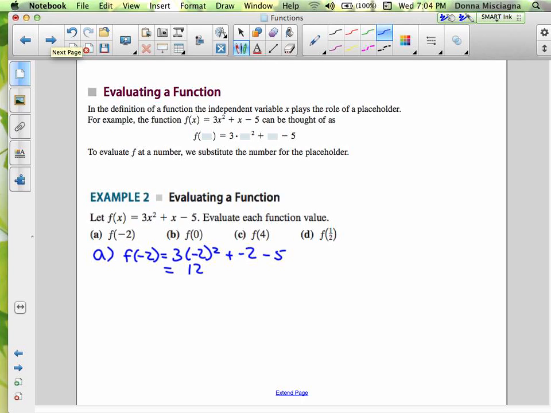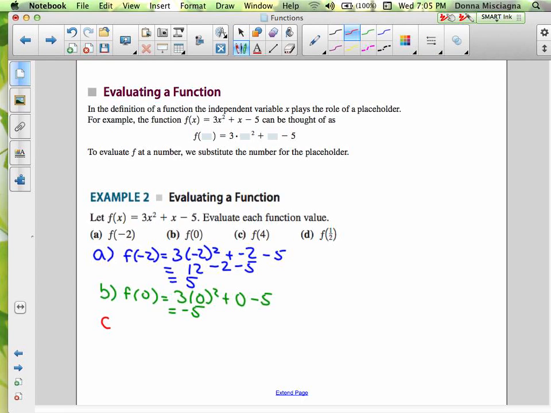And this is just 12 minus 2 minus 5. And so that would be 12 minus 2 is 10 minus 5 is 5. B, f of 0 equals 3 times 0 squared plus 0 minus 5. Well, I'm going to have 0 plus 0 minus 5. And so that's just going to be negative 5.